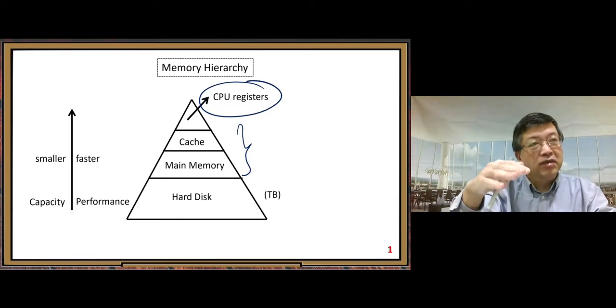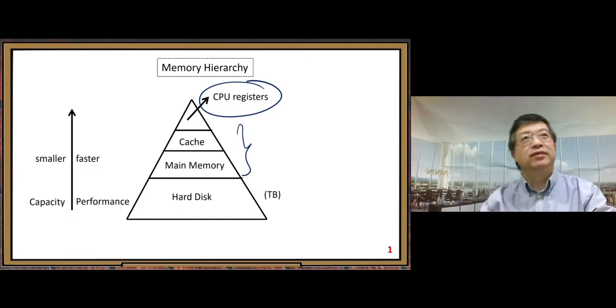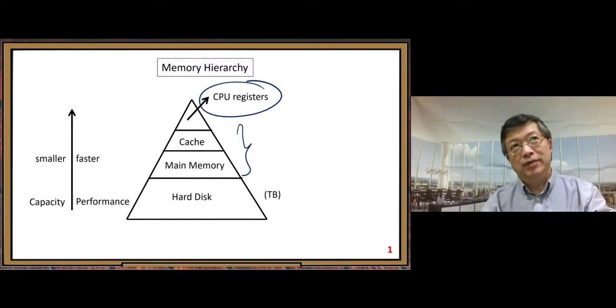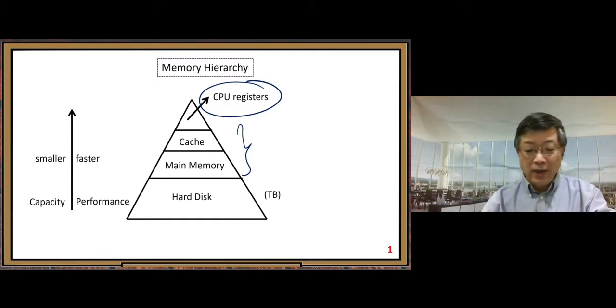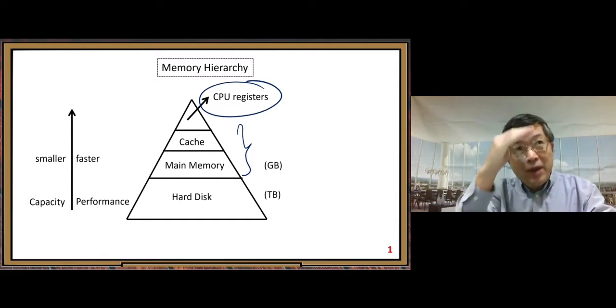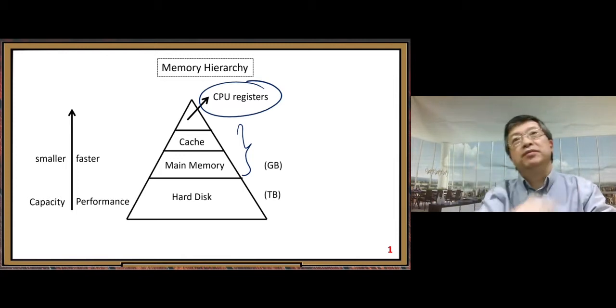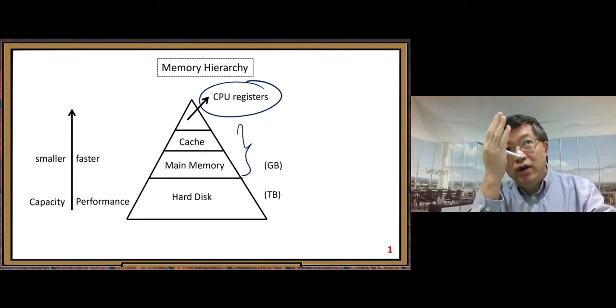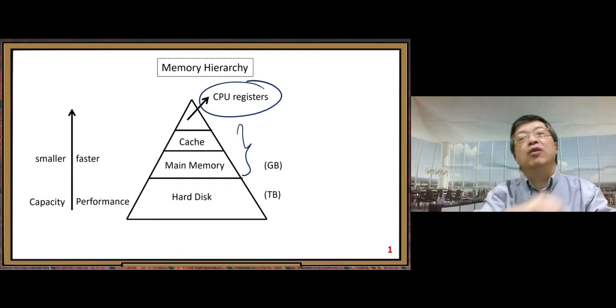Hard disk is in the category of TB. For desktops and laptops, several hundred gigabytes is very common, and some of the laptops could get TB. Main memory is typically several GB, 8, 16, 4. If we get a 4 GB, that is relatively small.